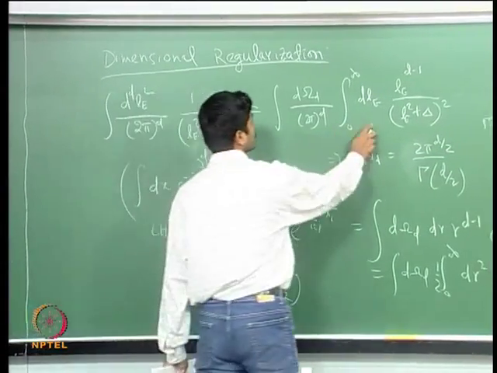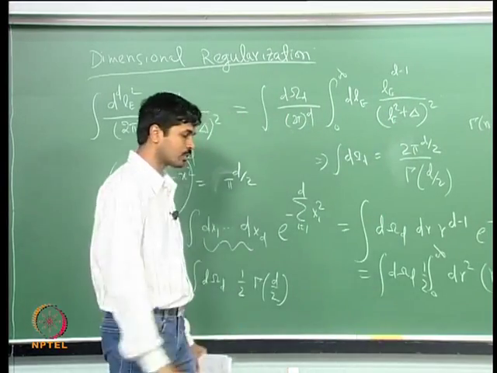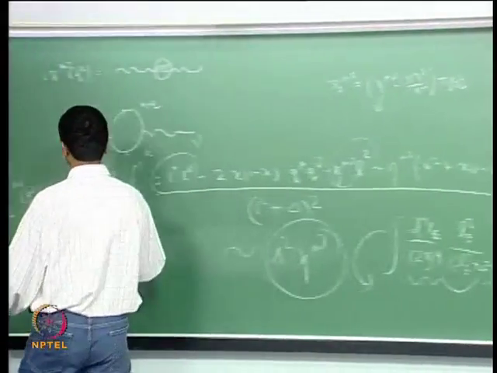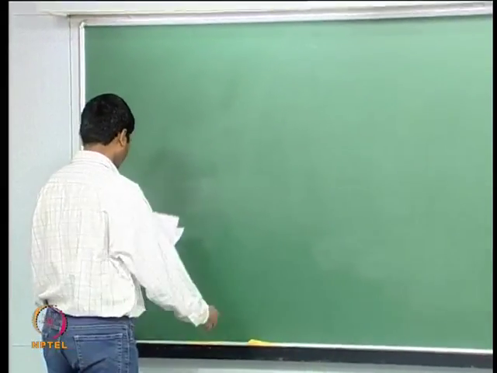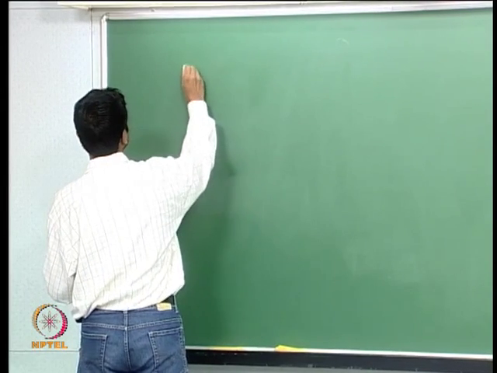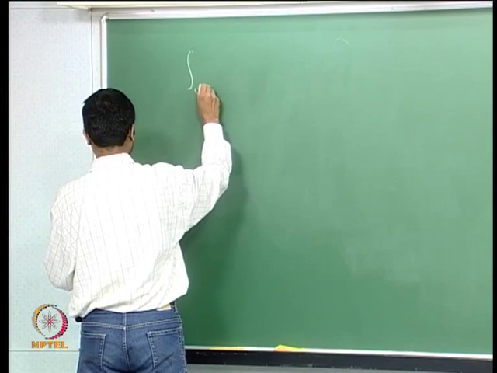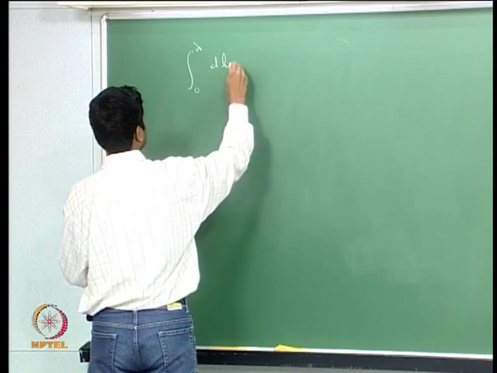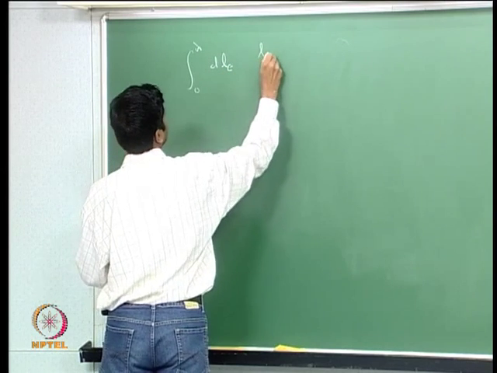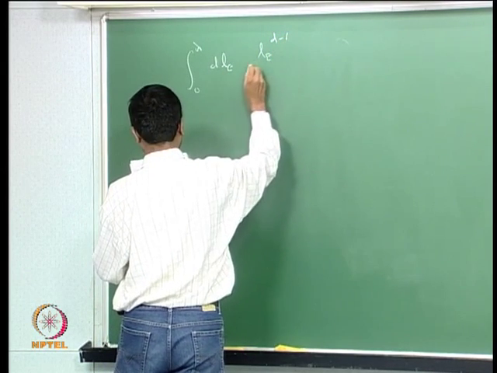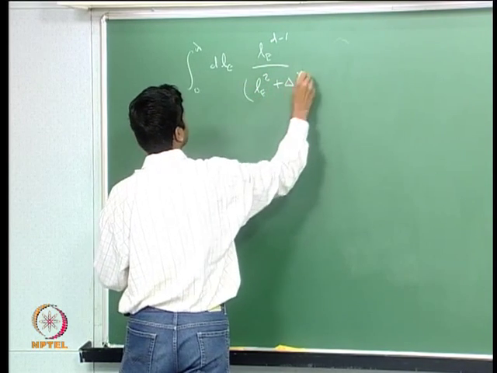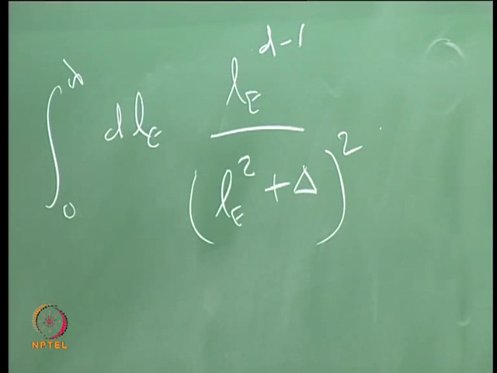What is left is the second term here. So, we will quickly evaluate the second term in this expression. To do that, I need to evaluate this integration here, 0 to infinity dl_E l_E to the power d minus 1 divided by (l_E square plus delta) whole square.